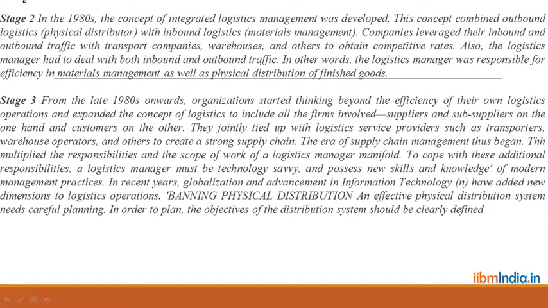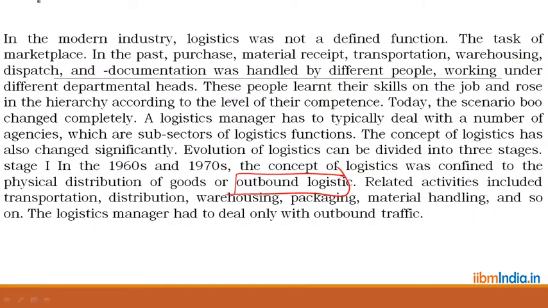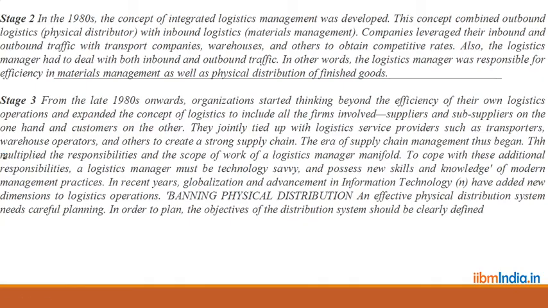Stage one was around 1960 to 1970, and the concept of logistics was confined to the physical distribution of goods and services, in other words outbound logistics and all the related activities, including transportation of goods and services, distribution of the final goods from one person to another, warehousing of inventories, packaging of the product, and material handling.